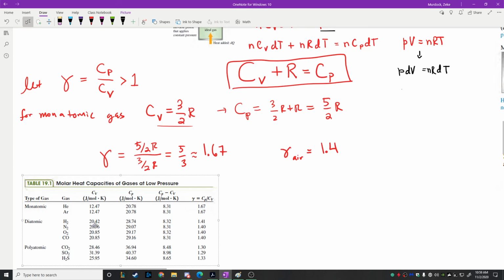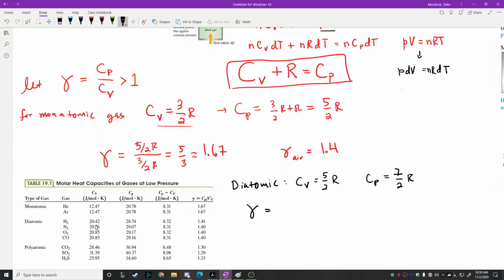I think for diatomic, Cv was equal to 5/2 R, which means Cp would be equal to, you add an R, so 7/2 R. So gamma is 7/2 divided by 5/2.